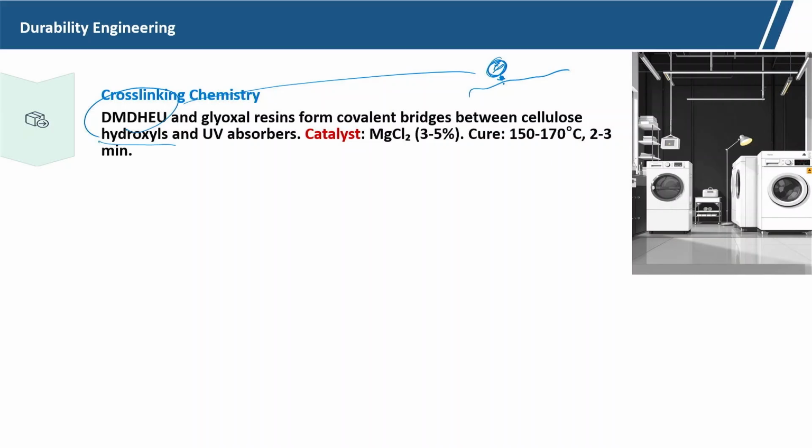And here we can use the catalyst magnesium chloride, 3 to 5%, to enhance the covalent bridge formation, and after that curing is done to fix the bridge. 150 to 170 degree Celsius for 2 to 3 hours, that is how the cross linking is done.